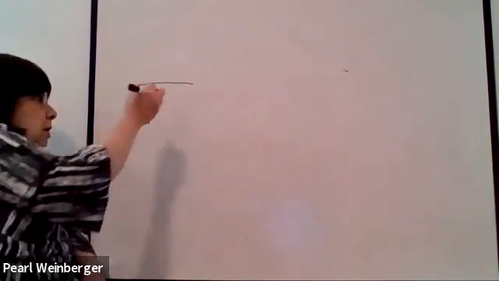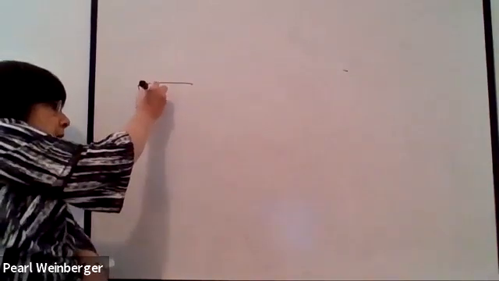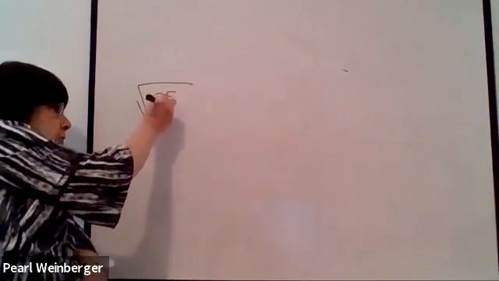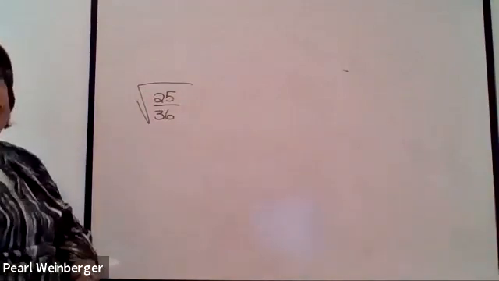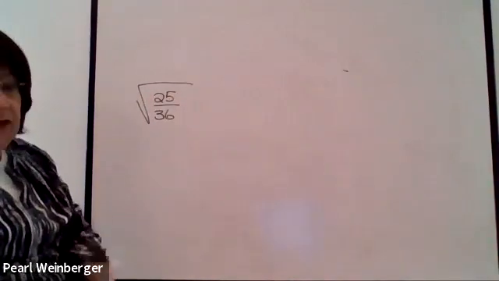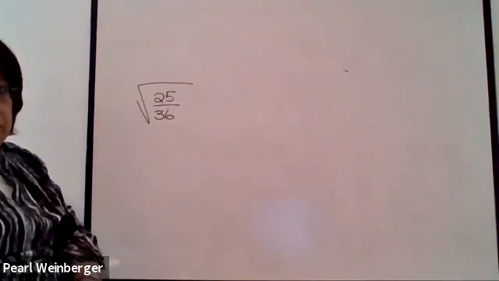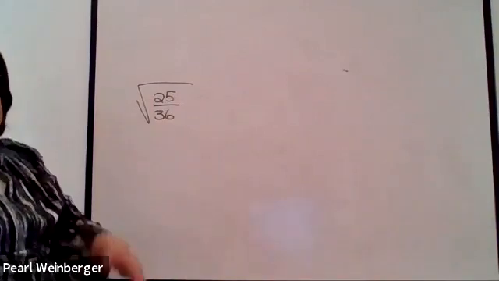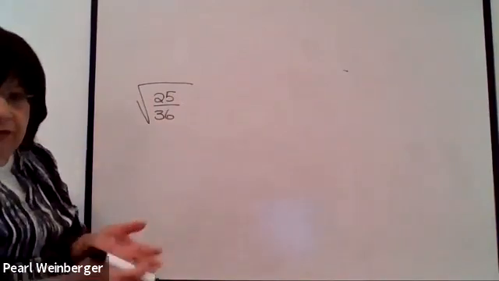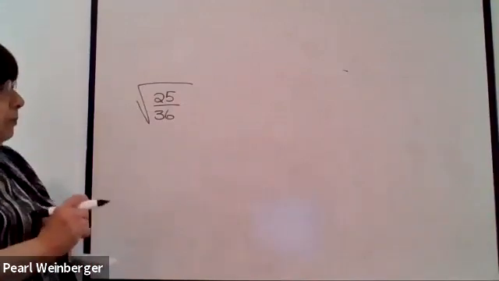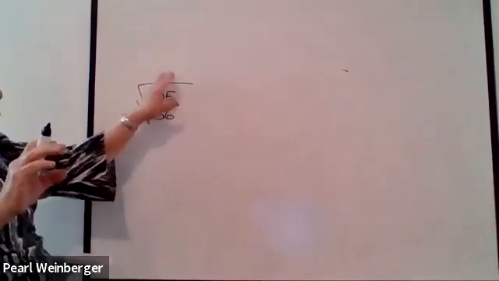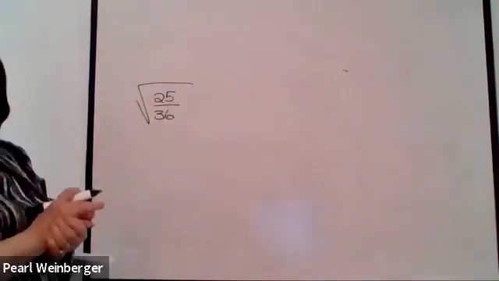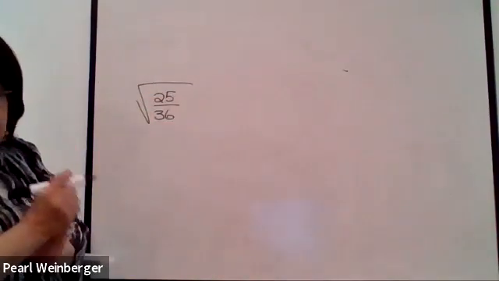Okay? So the first thing I'm going to do is, what happens if I have a fraction that looks like this? The square root of 25 over 36. In other words, I'm dealing with fractions and division at the same time. Now, whenever I have a fraction inside a radical, I want to split it up.